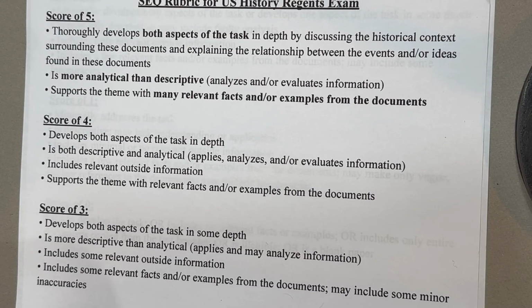Similarity and difference, where you really want to analyze how these documents are clearly showing major differences and similarities between each other in dealing with the event or concept. And then turning point, where you want to talk about how both of these documents deal with an issue and how life was dramatically different as a result of that event discussed in the document.